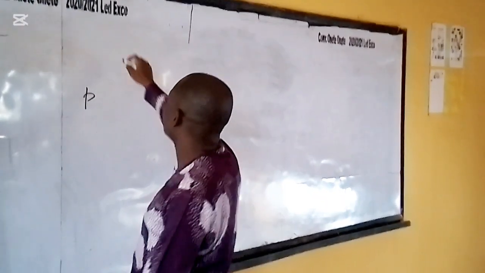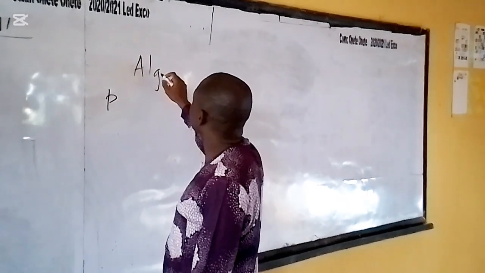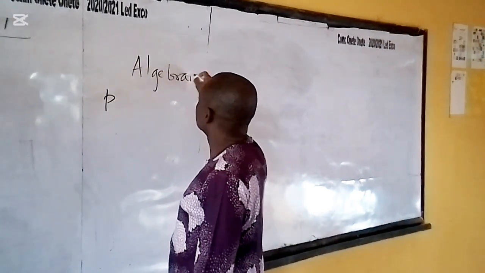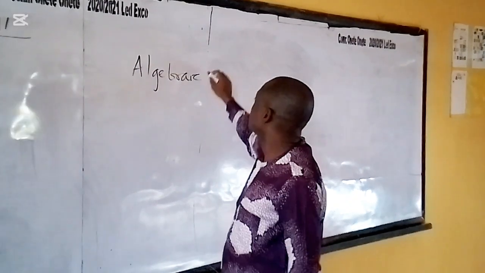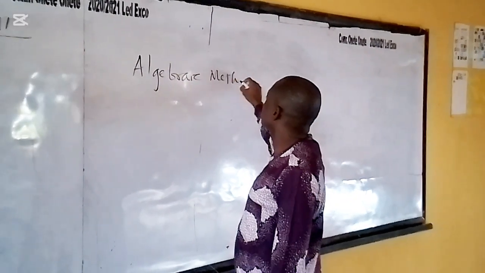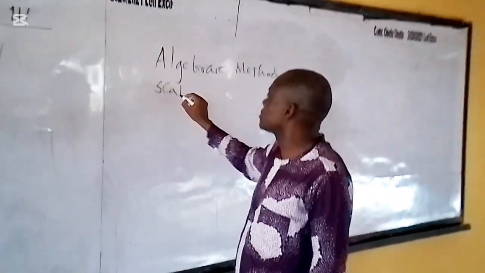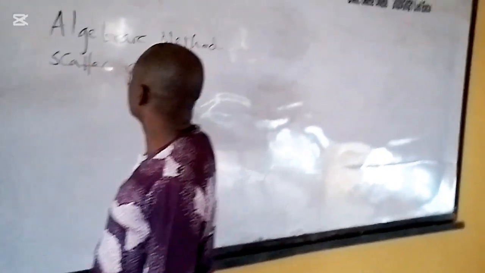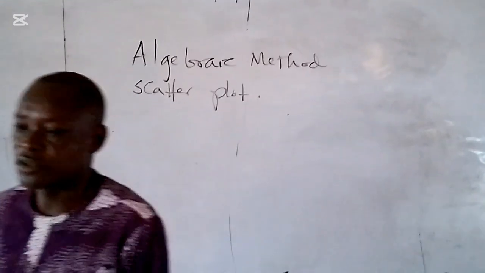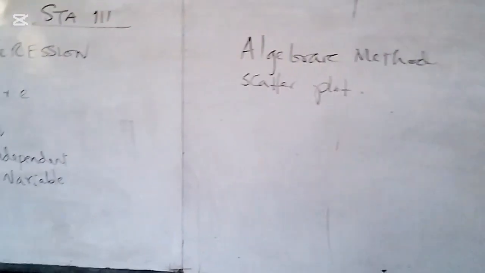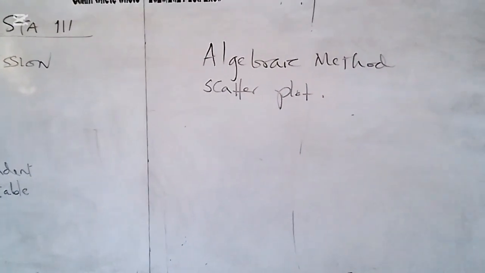Number one, we're going to look at the algebraic method. And then the other one, we'll call it scatter plot. We'll look at the algebraic method and the scatter plot.